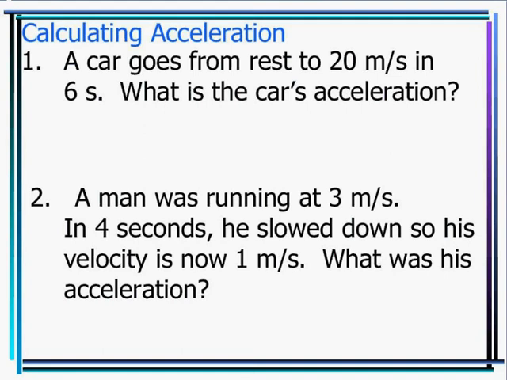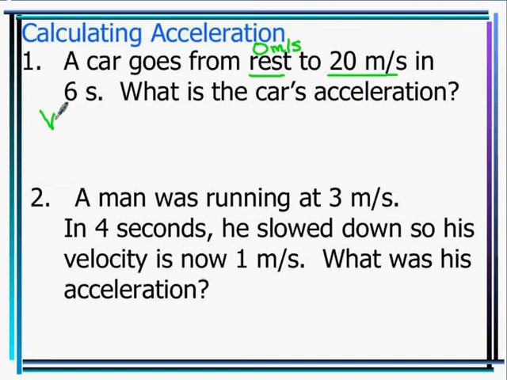All right, our first example, it says a car goes from rest to 20 meters per second. What speed is rest? Well, if you're at rest, you're going 0 meters per second. Notice I am underlining and writing my variables out as I go. So I go to 20 meters per second.